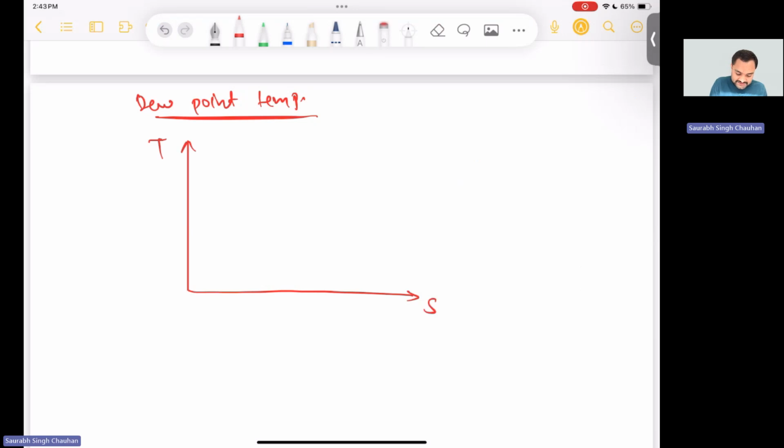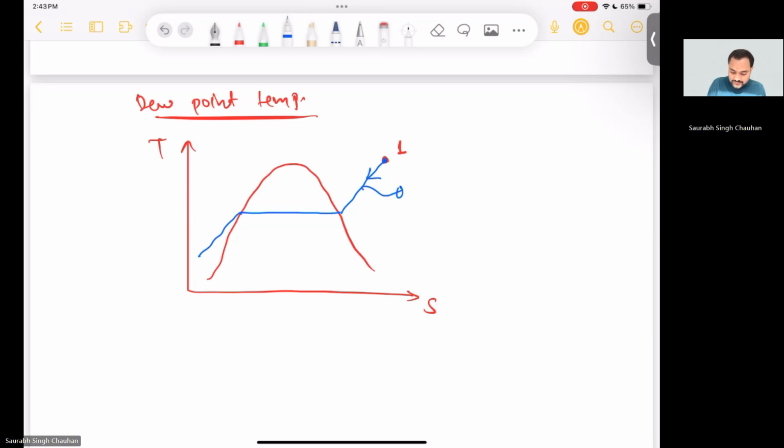So this is our TS diagram. This is the saturation zone. For example, you have some temperature, this is our initial condition. Then you start cooling at constant pressure, so you have to move along an isobar.